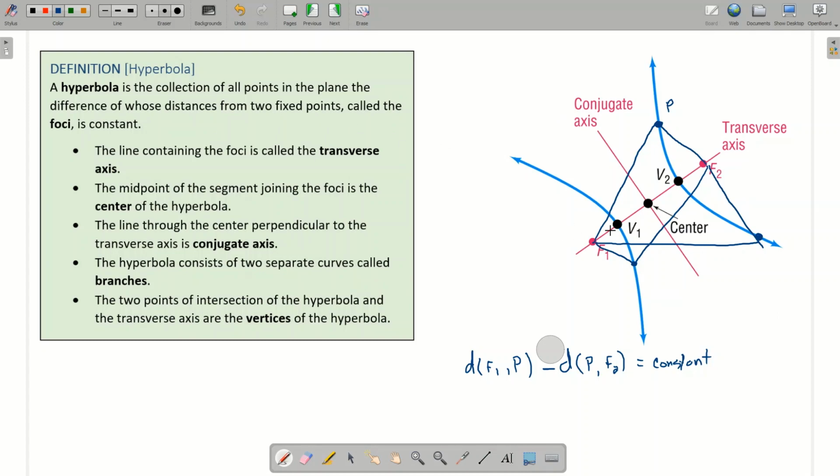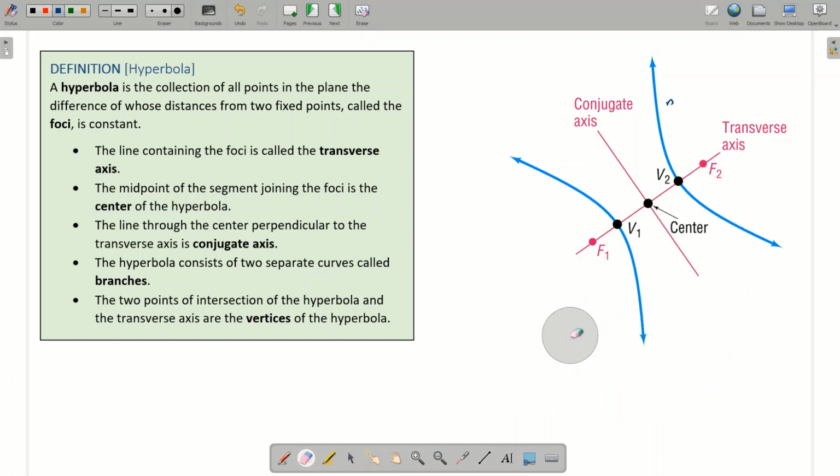Okay, some terminology for a hyperbola. First is the transverse axis. The transverse axis is the line that passes through both of the foci. So this is analogous to the major axis for an ellipse, but for a hyperbola, it's called the transverse axis. Then the center is simply defined to be the midpoint between the 2 foci.